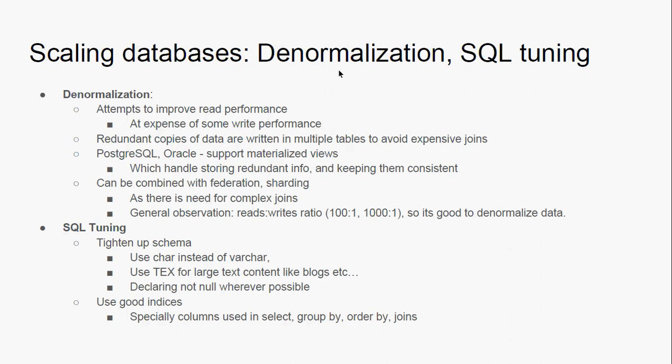You need materialized views, which are other tables holding columns from multiple tables. Whenever you write something to the database, the database needs to take care of updating the data in these materialized views. So if you increase this denormalized content, you are also adding to write overhead.